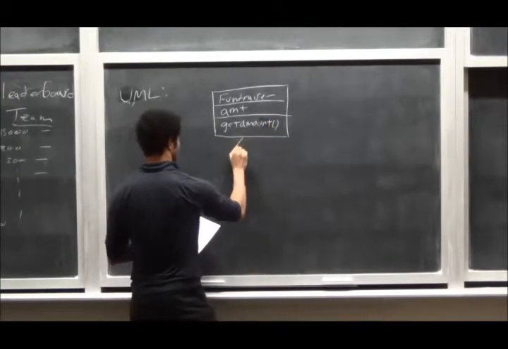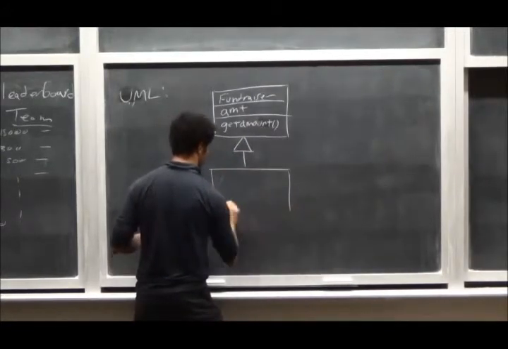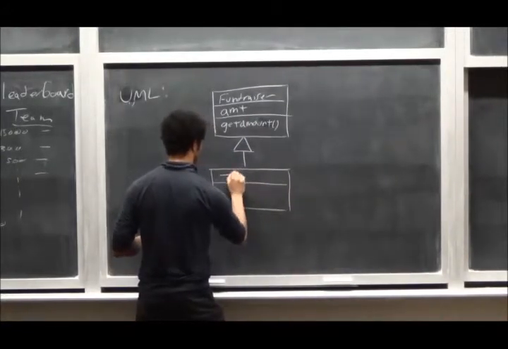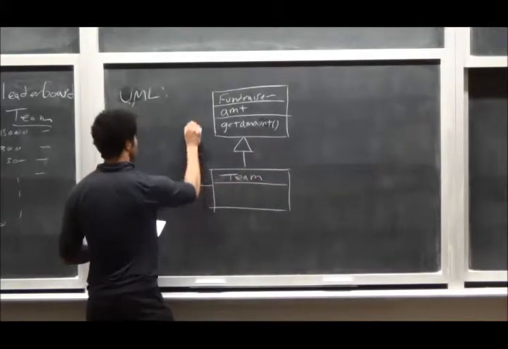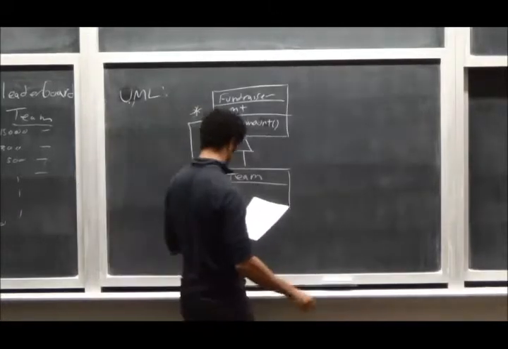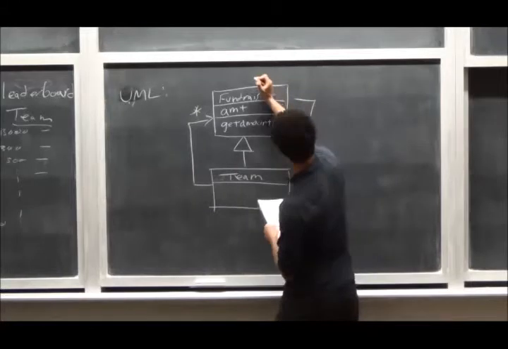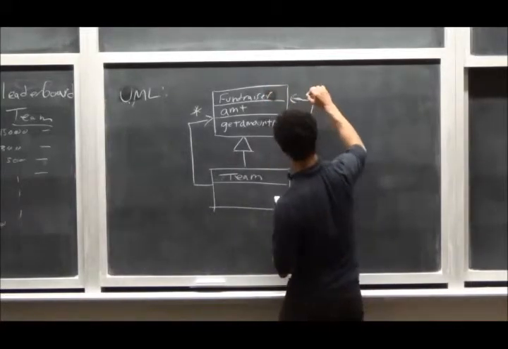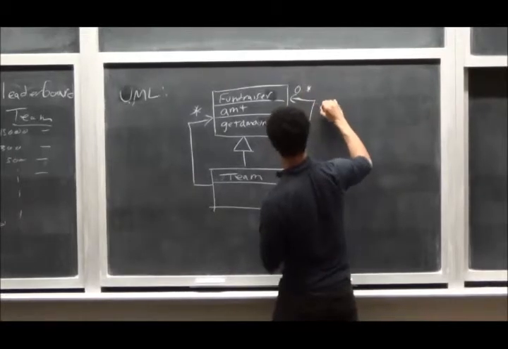And inheriting from it is the actual team. And the idea is that each fundraiser can have 0 or many children.